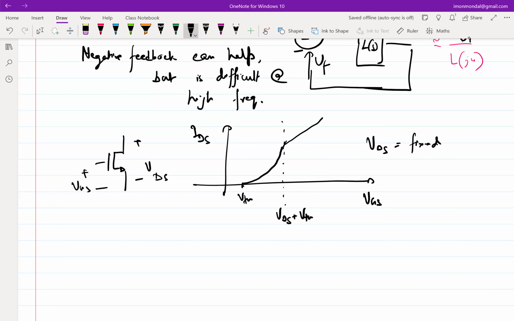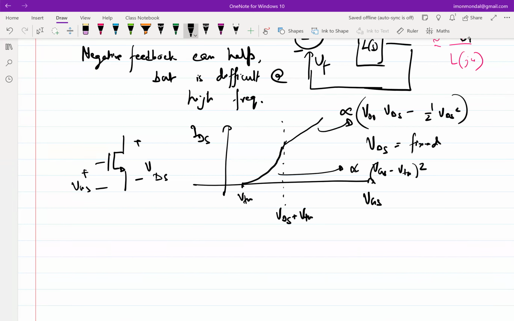Because the equation here is proportional to VGS minus threshold voltage whole square. Here it is V overdrive times VDS minus half VDS square, right? Proportional to that.